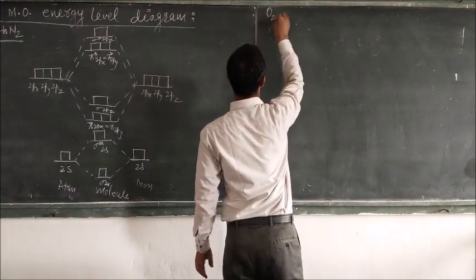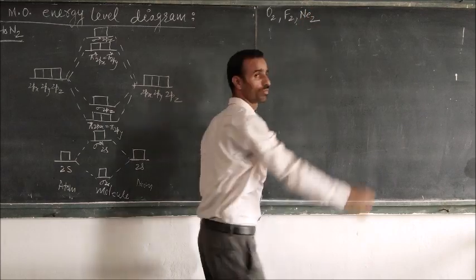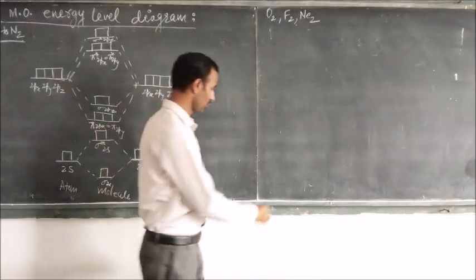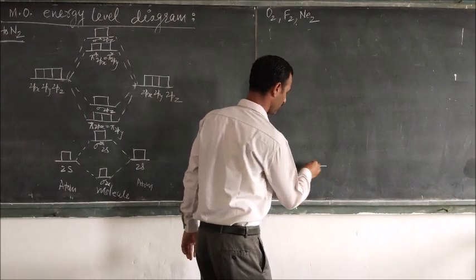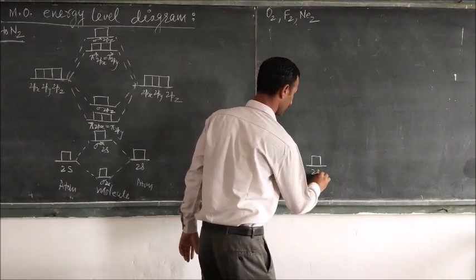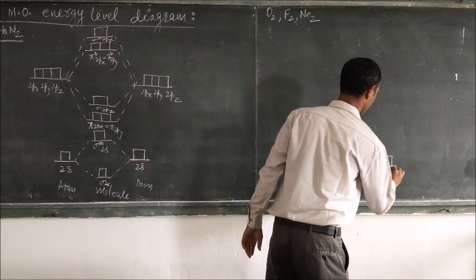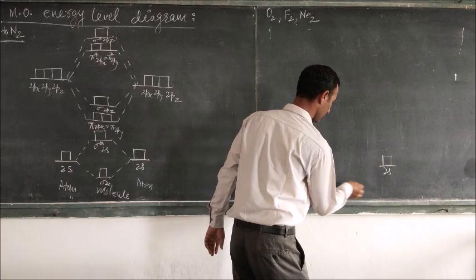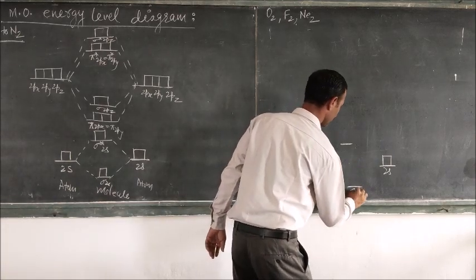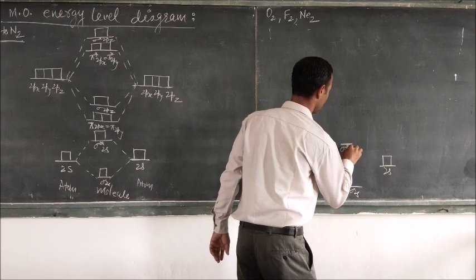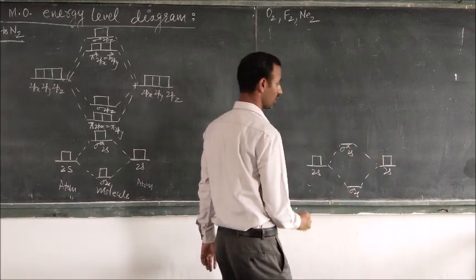Then O2, F2 and Ne2. For O2, F2 and Ne2: sigma 2s, sigma star 2s.